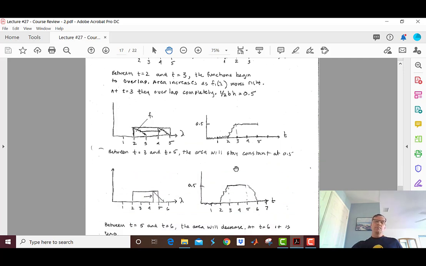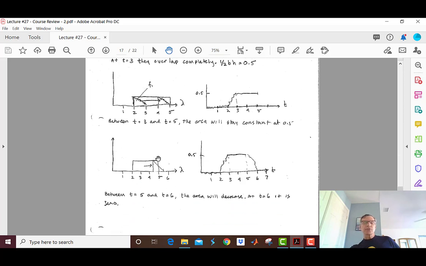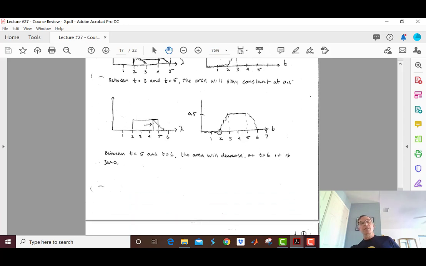And now, as t goes beyond 5, the shared area is going to get smaller. And so that means this output is going to go down. And by the time I get to 6, there's going to be no overlap at all. And I'm going to be back down to 0. So this is just my seat of the pants graphical convolution of these.